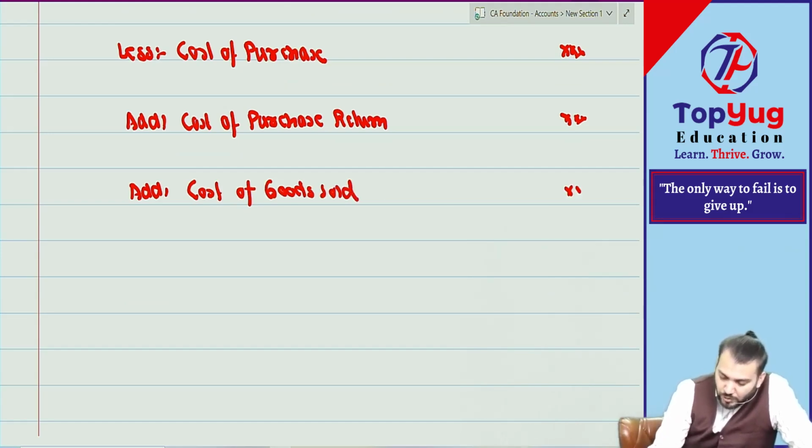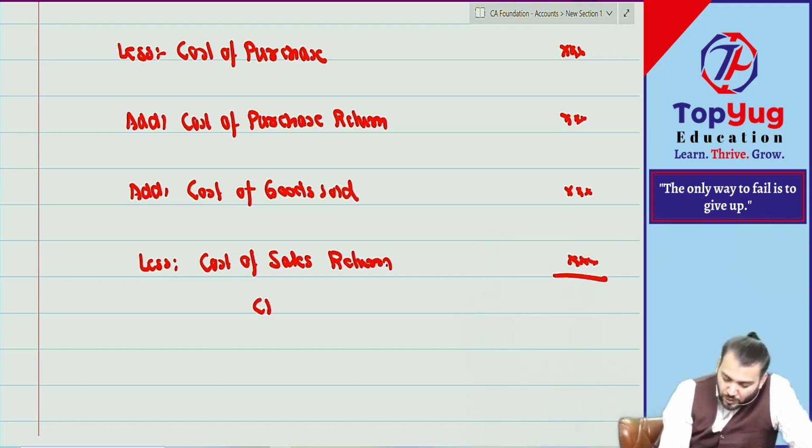Cost of goods sold. Then less what? Cost of sales return. So this becomes cost price of stock at year end.